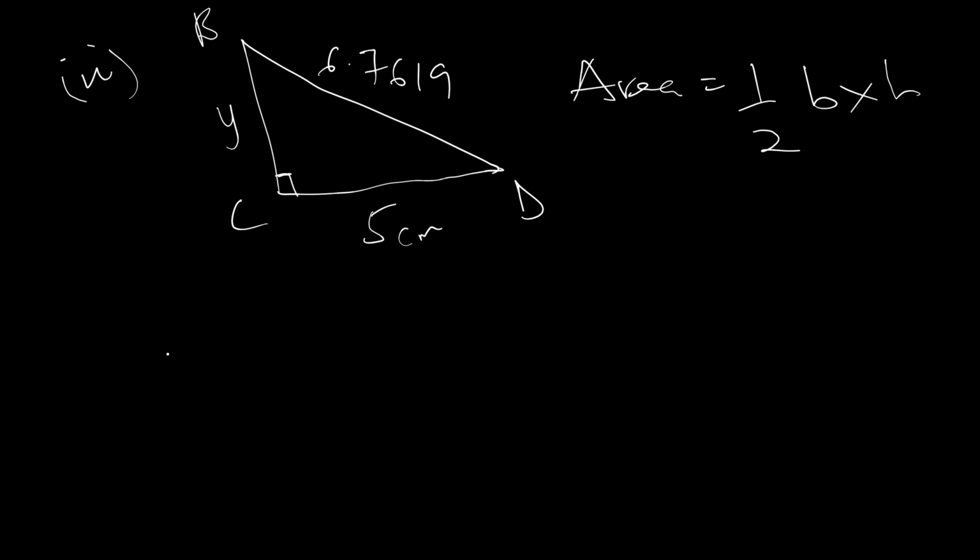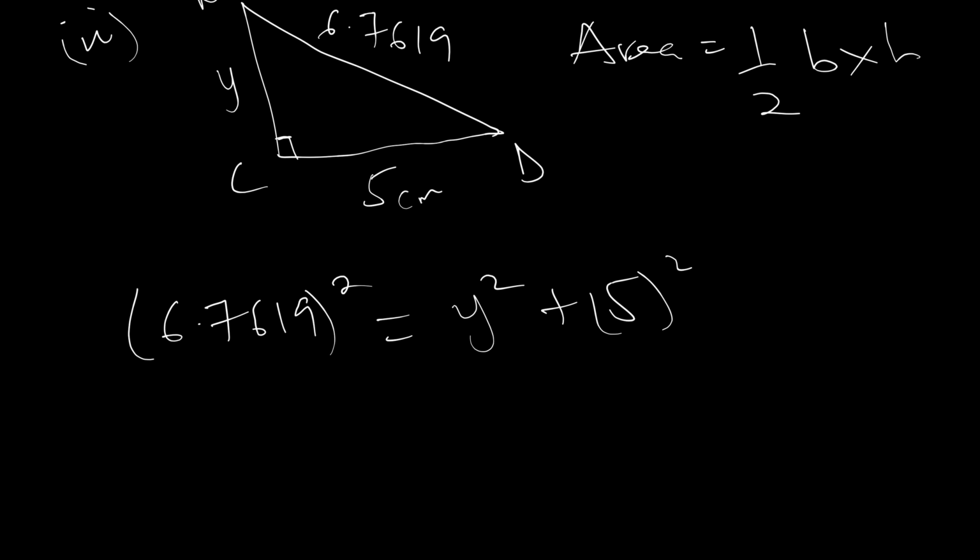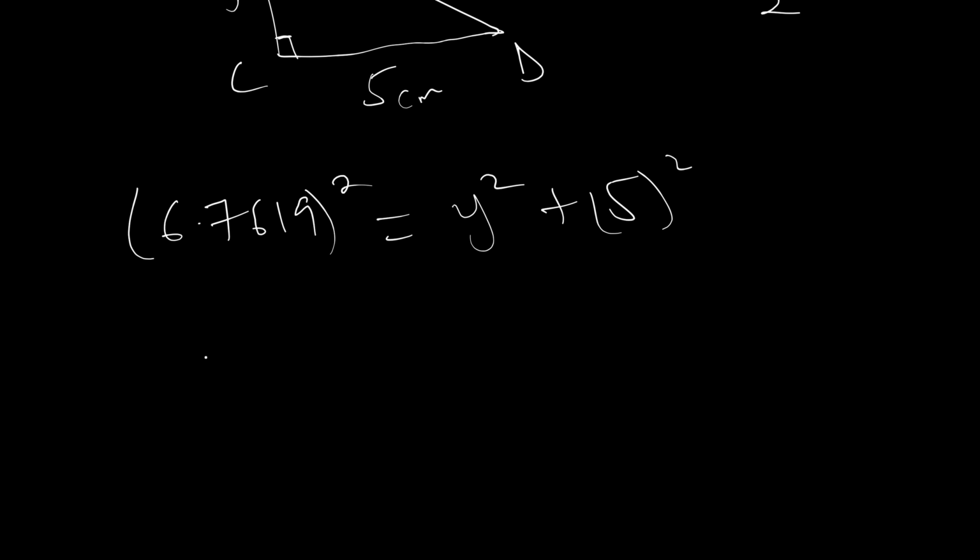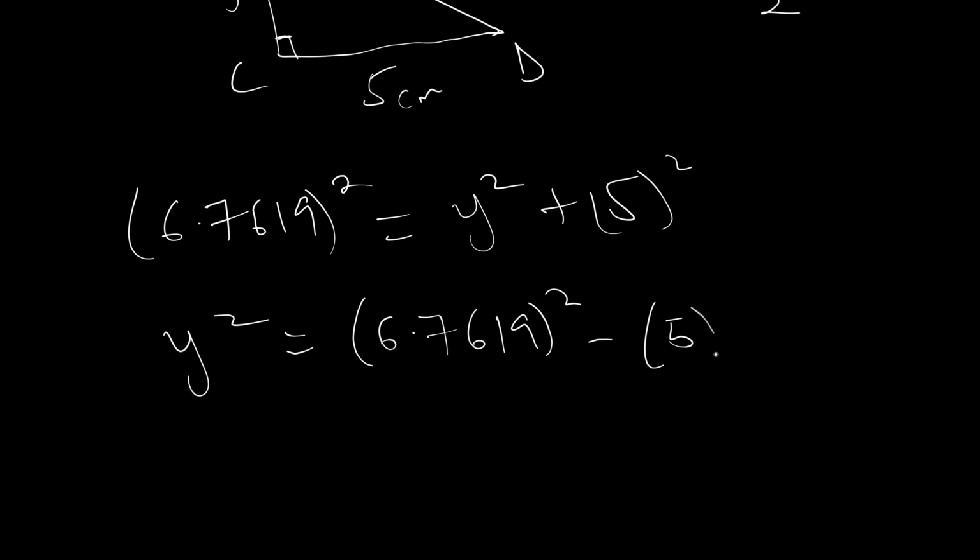From Pythagoras' theorem, 6.7619, which is the hypotenuse, squared is equal to the opposite squared, which is y squared, plus 5 squared. So y squared is equal to 6.7619 squared minus 5 squared.